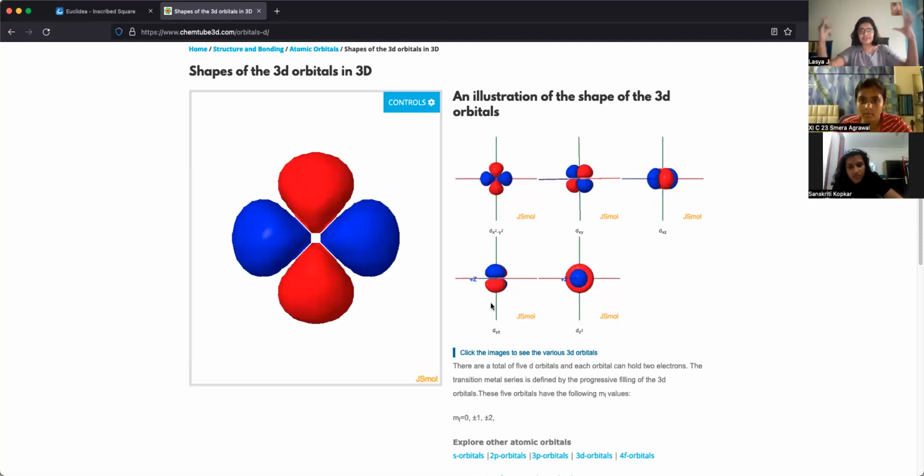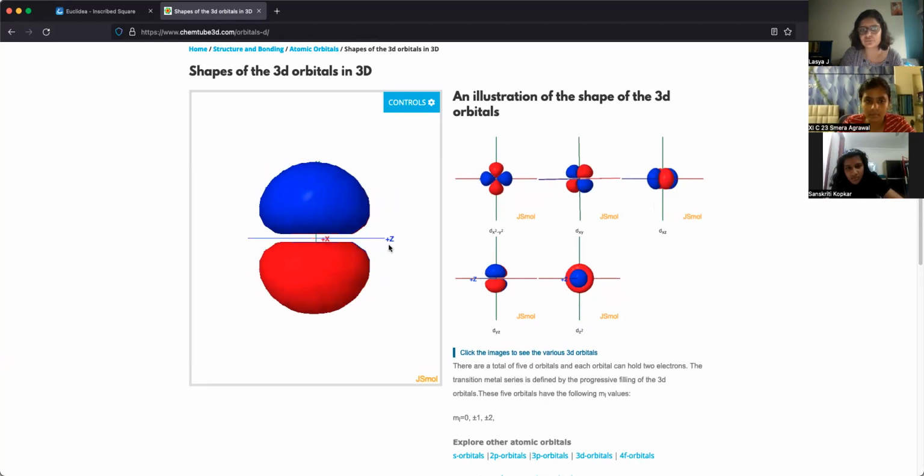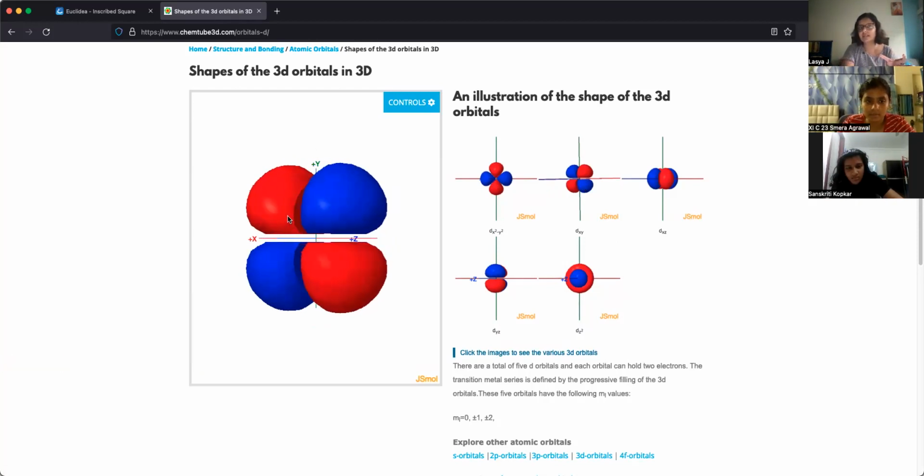They have a butterfly shape, double dumbbells. The only difference between them is where in the 3D space they are located. Since you've now done 3D geometry, I'm hoping you can imagine 3D things. So I'm going to look at dxy. You can see it is located in between the x and y axes. So there is nothing along the z axis.